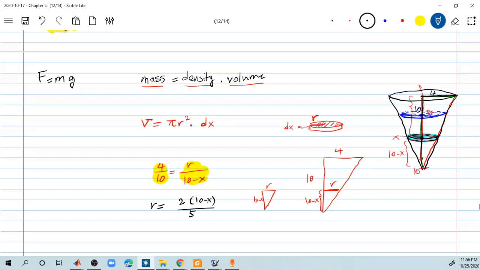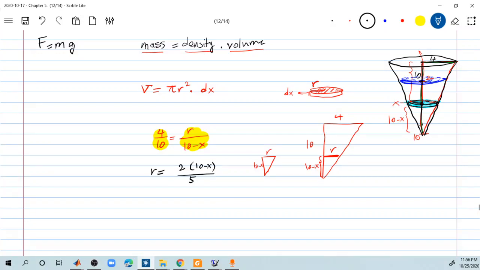So I can find the volume. The volume would be pi times, instead of r, 2 over 5 times 10 minus x. This is r squared, so this whole thing squared, multiplied by dx. This is the volume. So how do you find the mass?